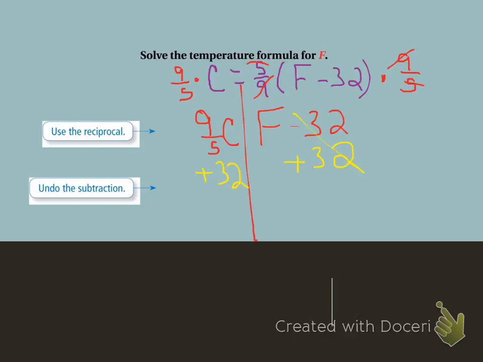So now those cancel out, and I'm left with just my F over here, which is what I wanted to solve for. And over here, I've got 9/5 Celsius plus 32. Can't combine them because this doesn't have a C. So that's it. You're done. That's it simplified. Fahrenheit is equal to 9/5 of the Celsius temperature plus 32.